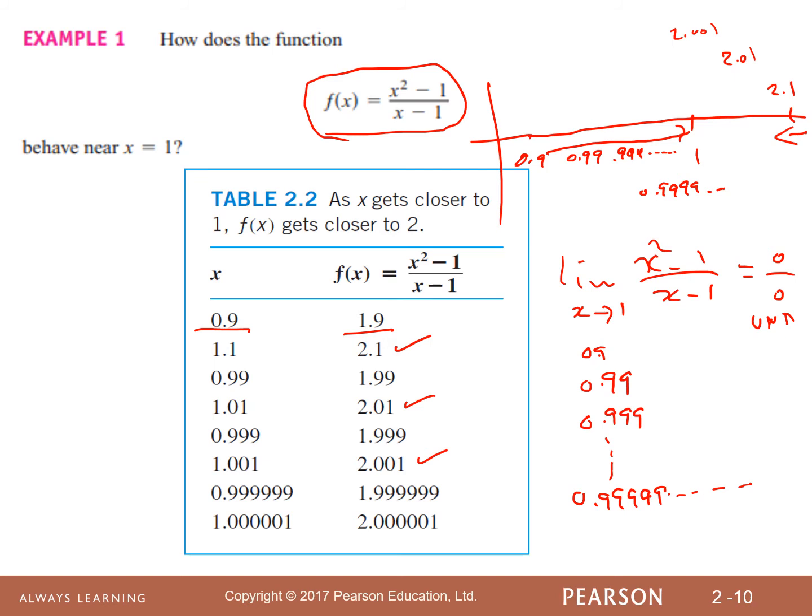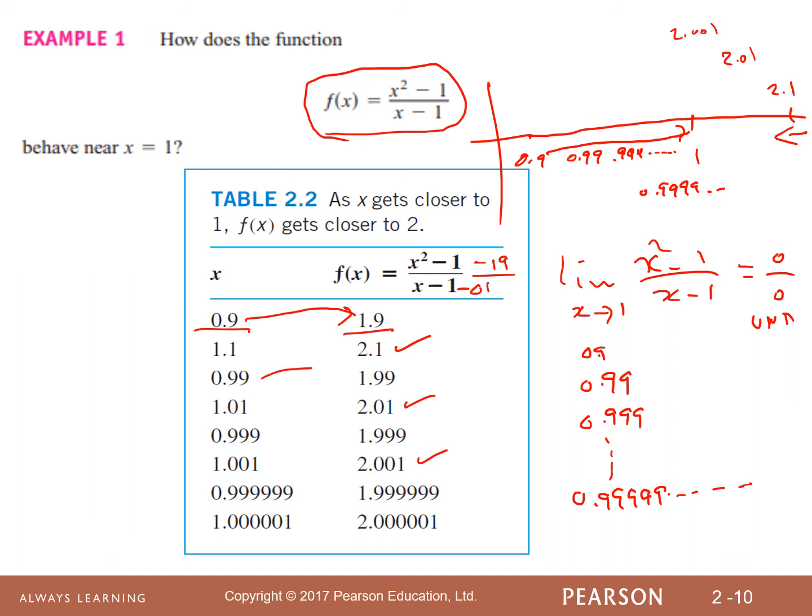Put 0.9 over here: 0.81 minus 1, that's going to give us negative 0.19, divided by 0.9 minus 1, which is negative 0.1. So that's going to give us 1.9.